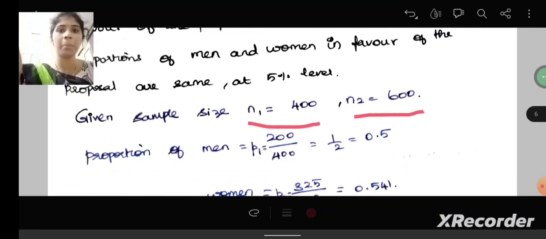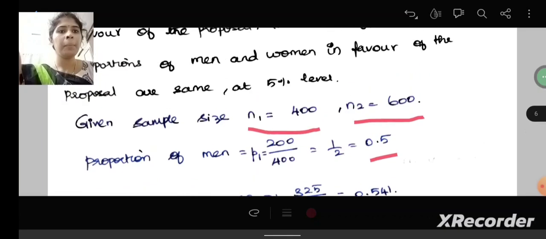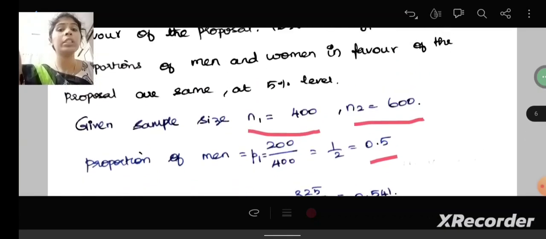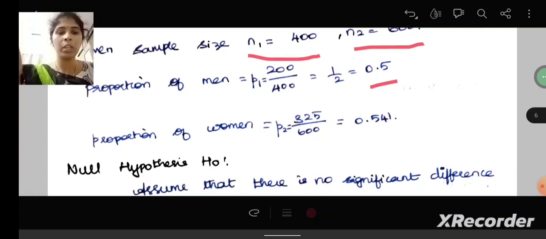Therefore we take p1 as 200 divided by 400, which results in 0.5. Among the 600 women, only 325 women support the proposal. Therefore 325 divided by 600 results in 0.541.